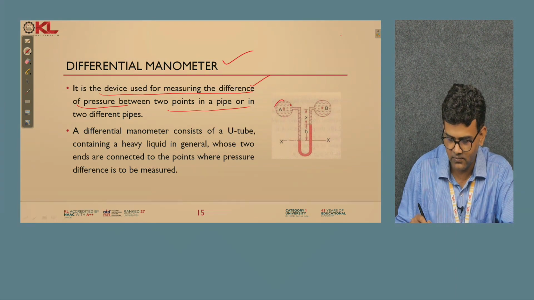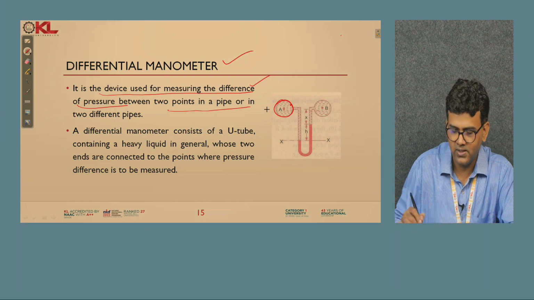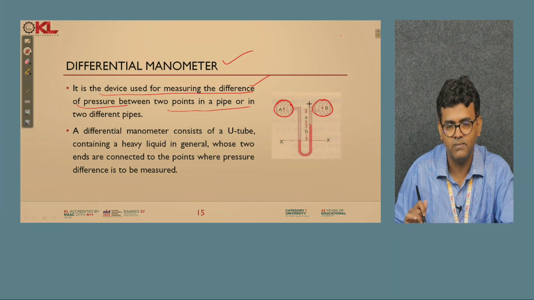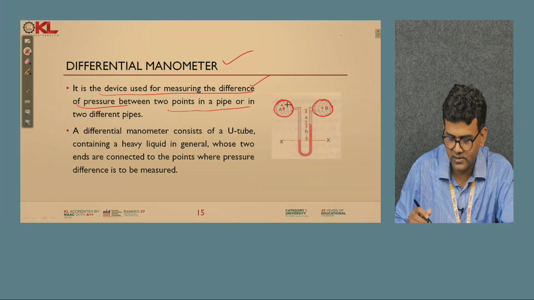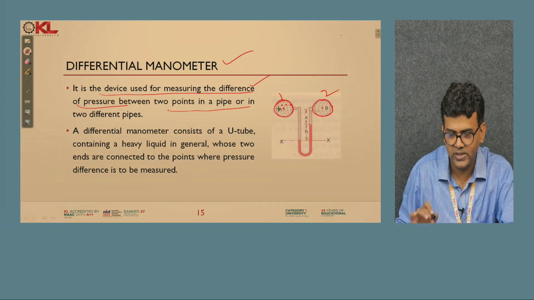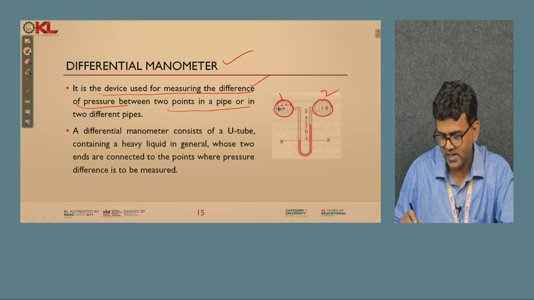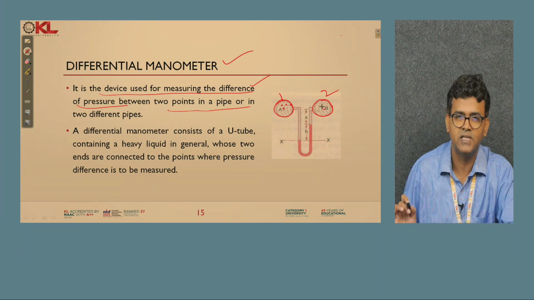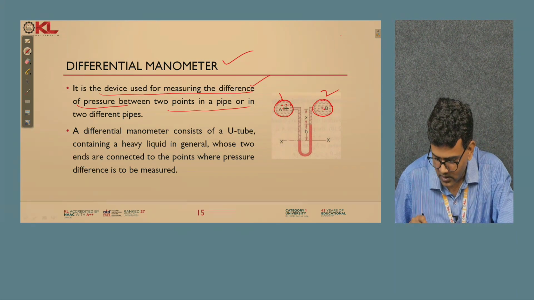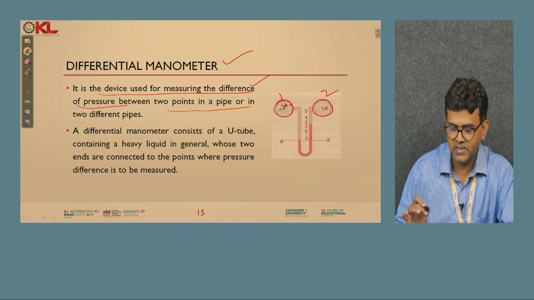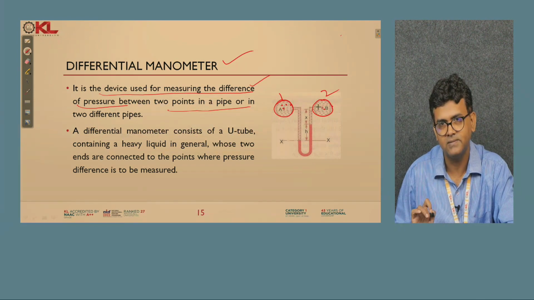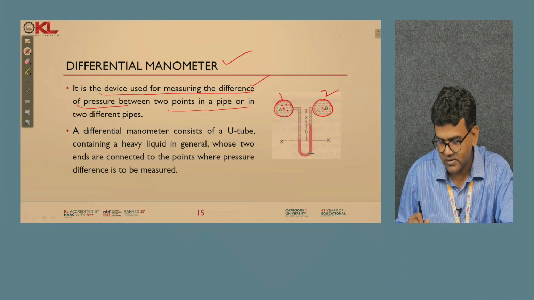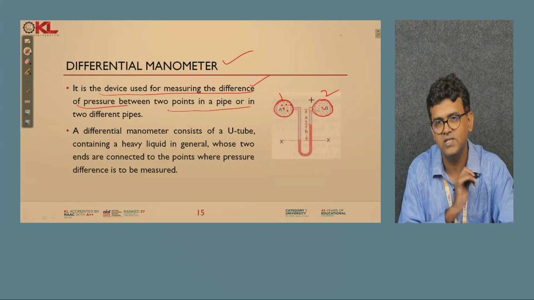For example, one pipe is A and another pipe is B. In the first pipe, point A is where the pressure has to be measured, and in the second pipe, point B. Now we are interested in measuring the pressure difference between A and B in the different pipes, so we have to connect the differential manometer.